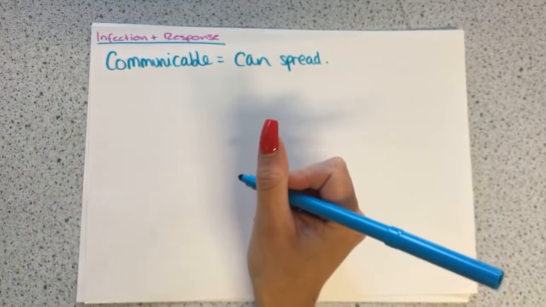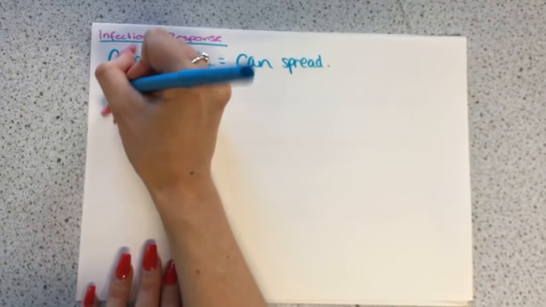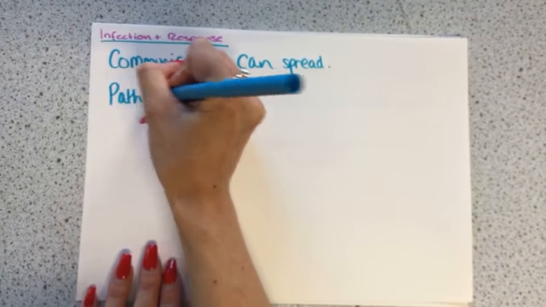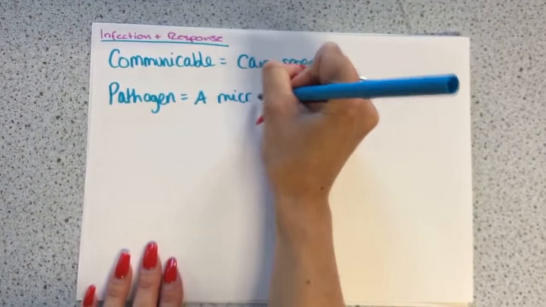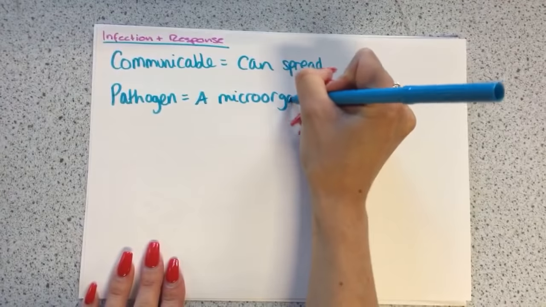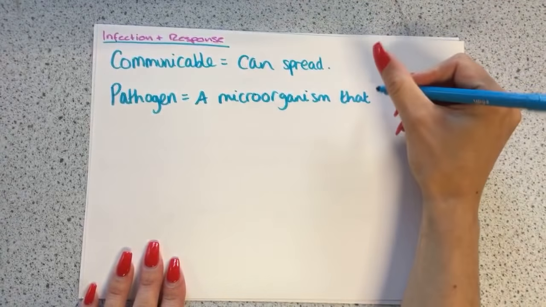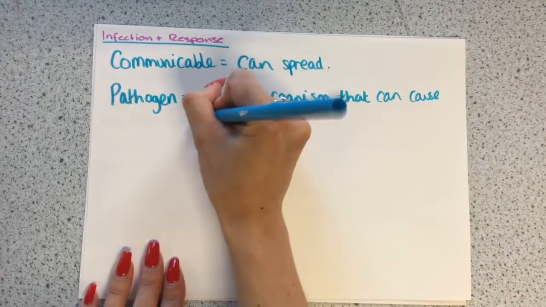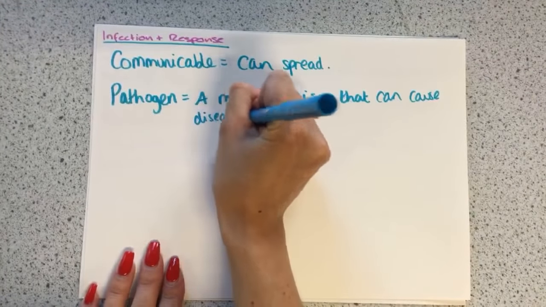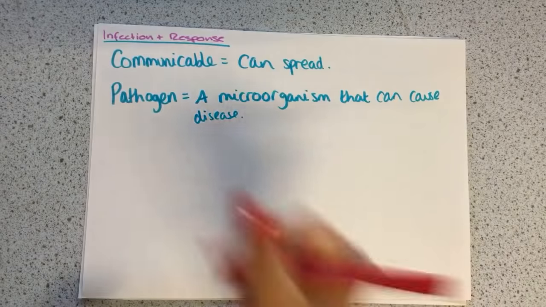Okay. Next then, a definition for a pathogen. So a pathogen is a microorganism that can cause disease. And you have got 4 types of pathogens. Okay, so the 4 pathogens, you've got bacteria and viruses, which we'll be talking in more detail about.